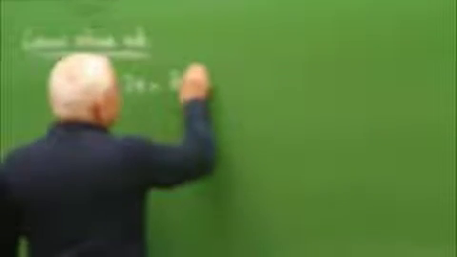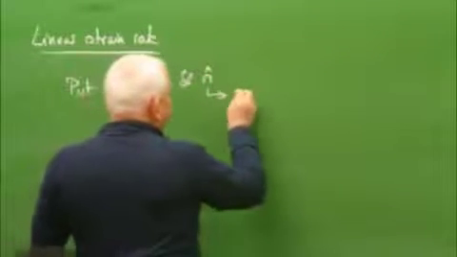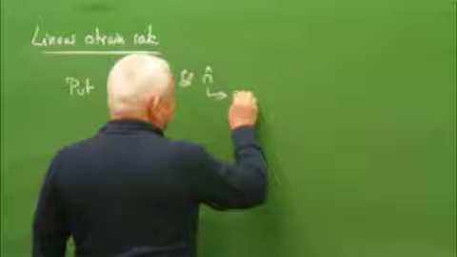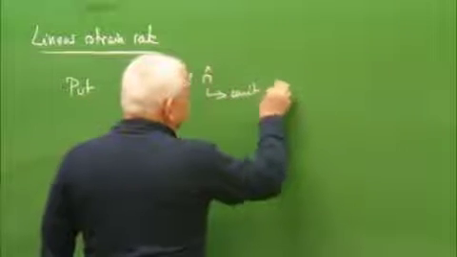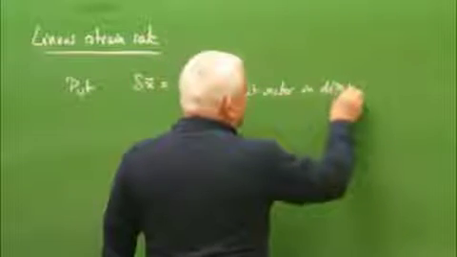So I'm going to put delta x equal to delta L times n hat. N hat is the unit vector in the direction of the point of interest.